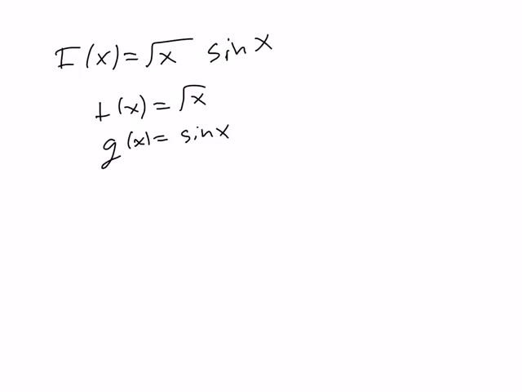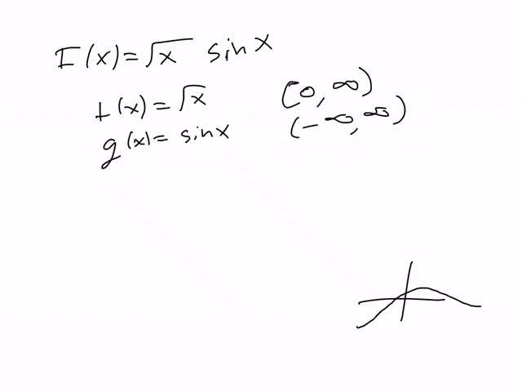So f of x is continuous where it's defined, which is the interval 0 to infinity. We spoke about this. And sine of x is continuous everywhere and defined everywhere because it's a trigonometric function. So it's defined everywhere.